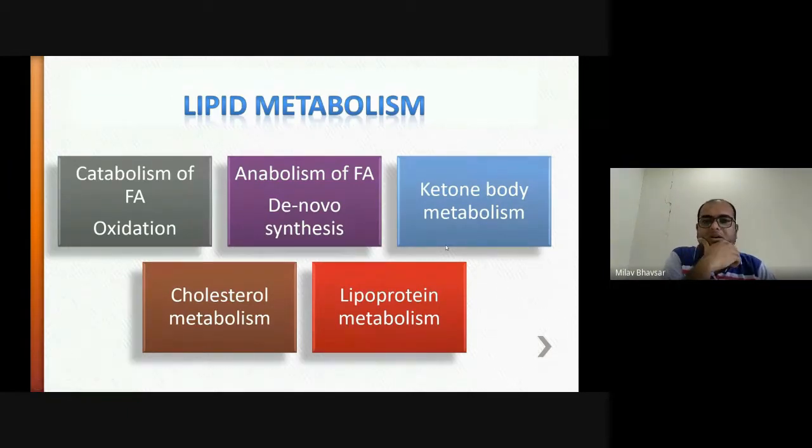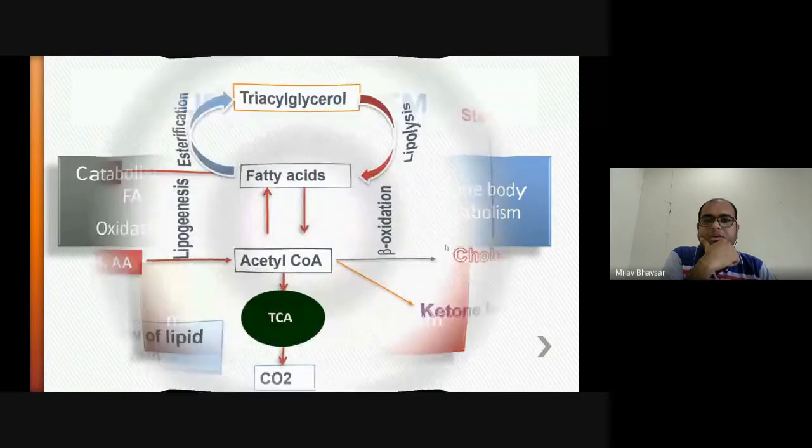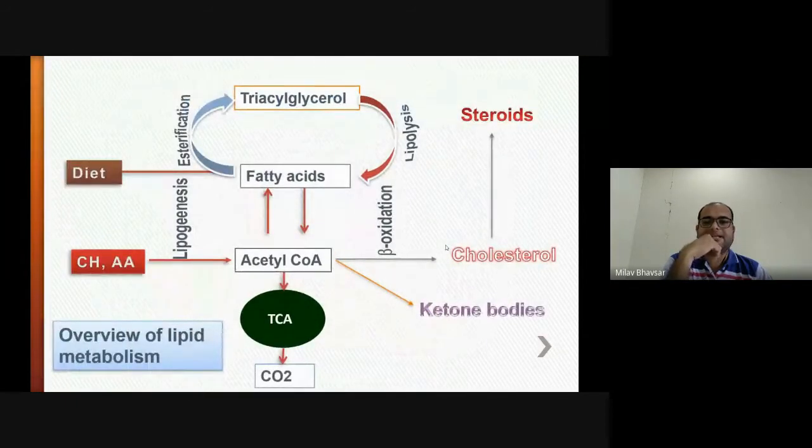I think it's okay. So this is just a major idea about how lipid metabolism happens. Whatever the diet or extra component comes, that is converted into fatty acid. Once they are esterified, they come into the triacylglycerol.